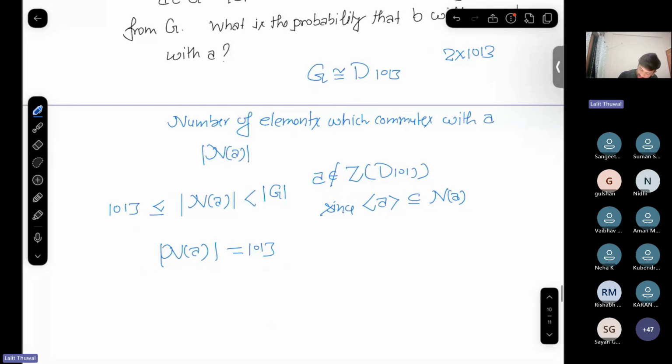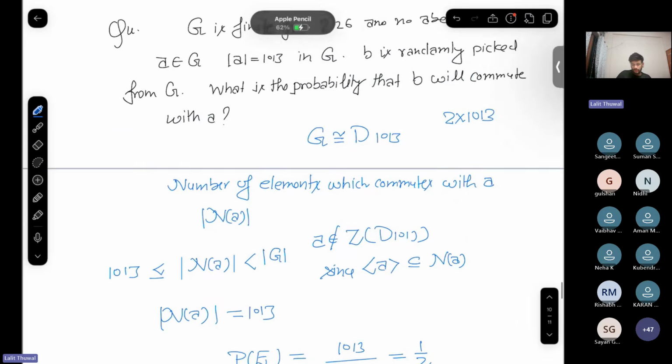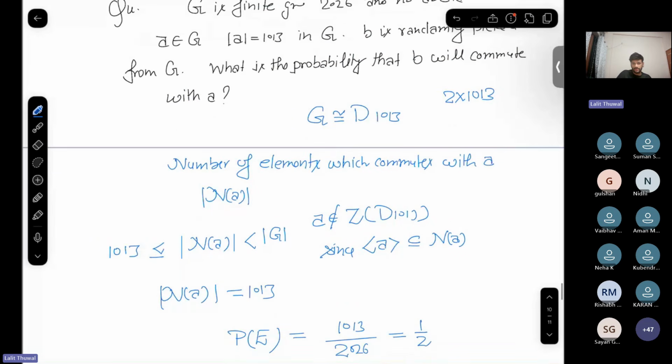Now the probability is easy, right? Let us denote the event by E. P(E) is 1013 divided by the total number of elements, that is 1 by 2. Okay. So this is the answer.